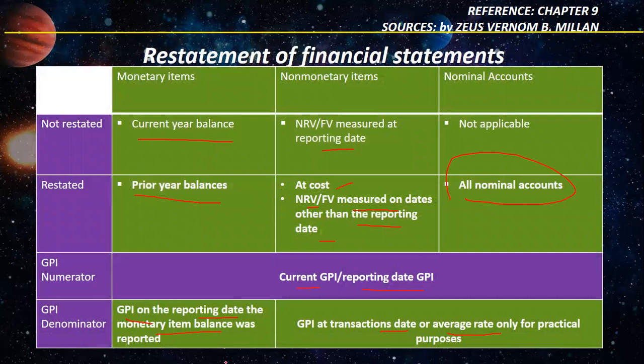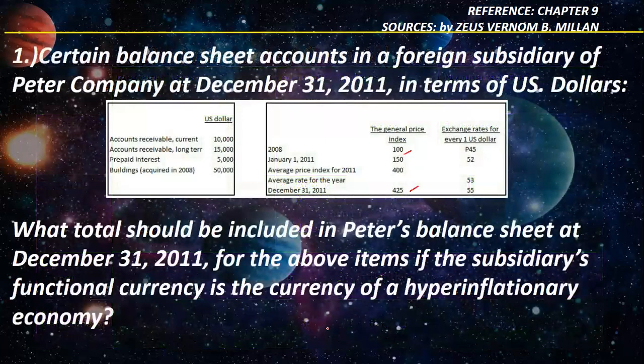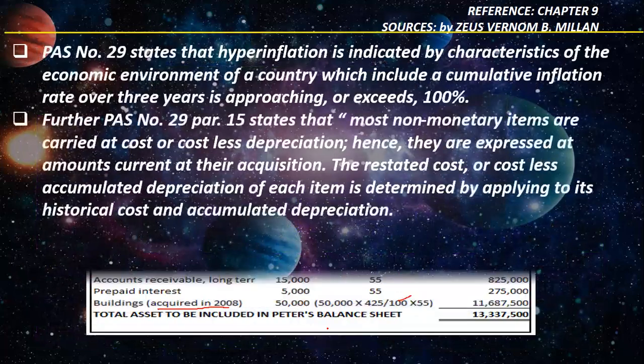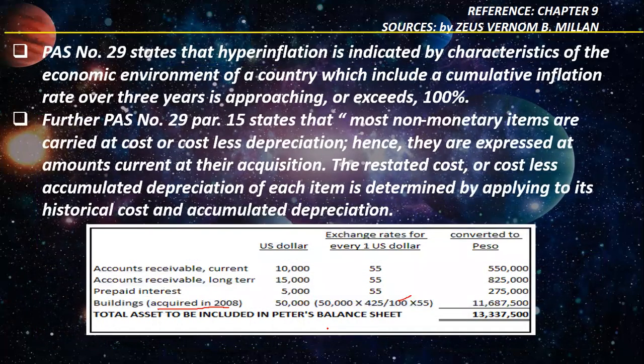Right. The denominator of a non-monetary asset is the GPI at transaction date. So, ano yung transaction date, 2008 siya. Binili yung building. So, what is the GPI of 2008? It is 100. So that's why our denominator here is 100.